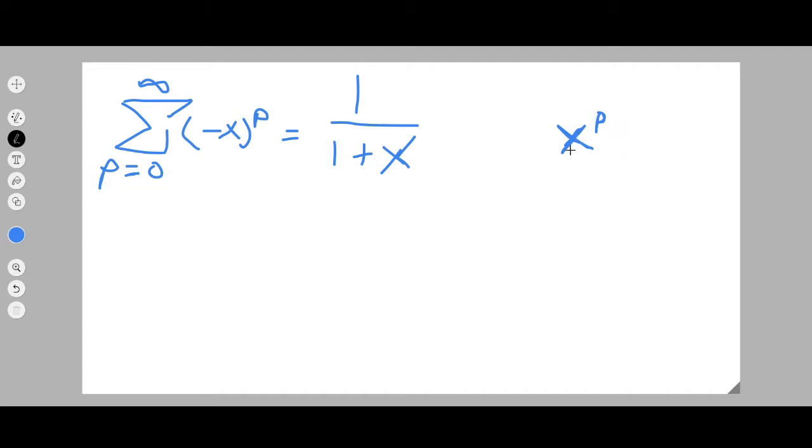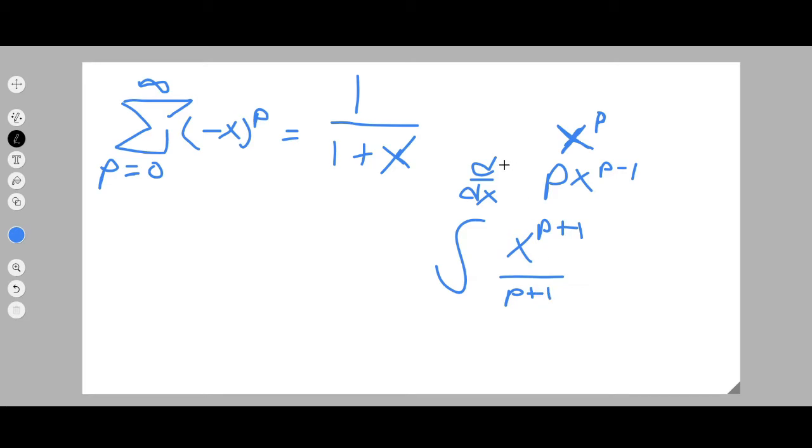So it's particularly easy to do that with the help of calculus. Think about the two things you learn in calculus: differentiation and integration. What happens when you differentiate x to the p? We get p x to the p minus 1. That's the differentiation. What happens when you integrate it? We get x to the p plus 1 over p plus 1.